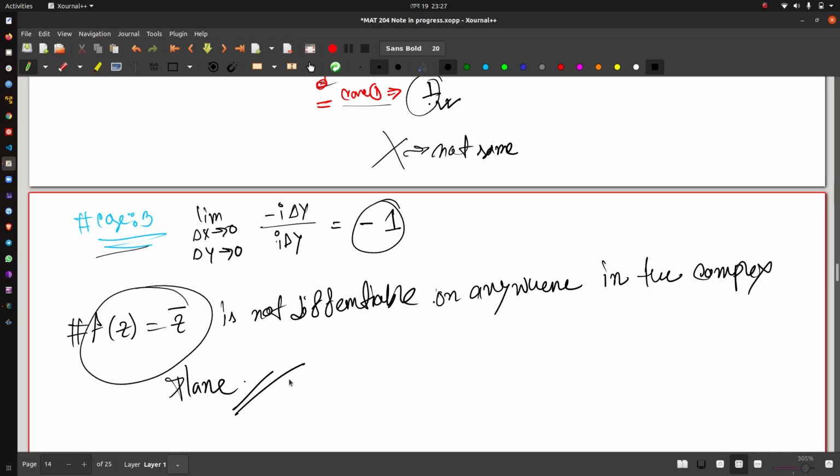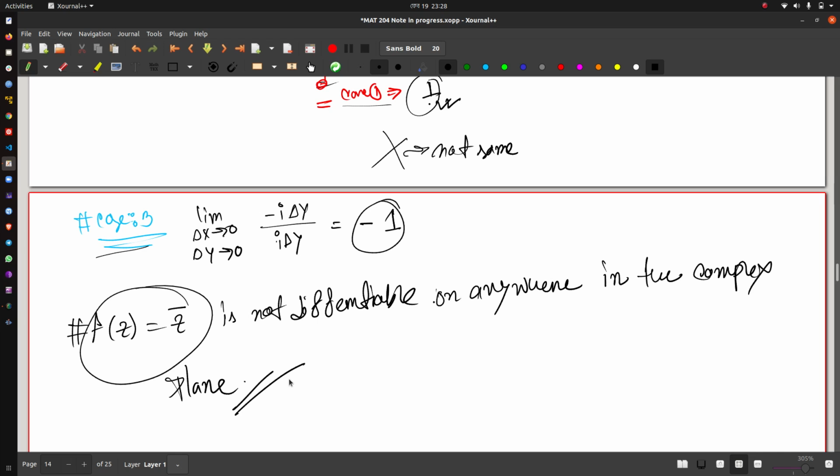That is, if you have a continuous function, that doesn't mean it's differentiable. For example, this z bar function is continuous everywhere, but as you can see, it's not differentiable. However, if you have a function that is differentiable, that would be continuous. So these are the small details that you need to know.